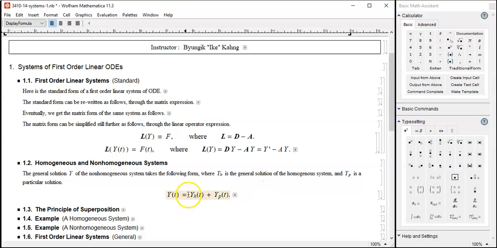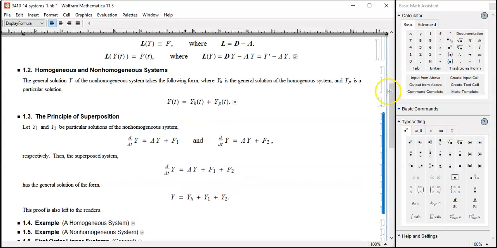Find out the general solution of the homogeneous system plus a particular solution. Exactly the same thing applies for the systems of first order linear ODEs because the linear operator applies here. It can be simplified into a single linear operator, so you can apply the theory of linear operators. We went through that in chapter 4. The detail is left to the students.